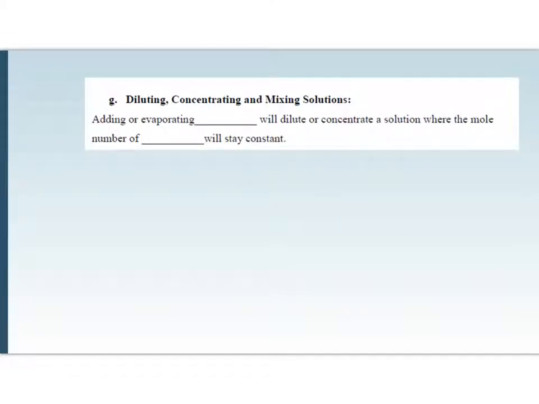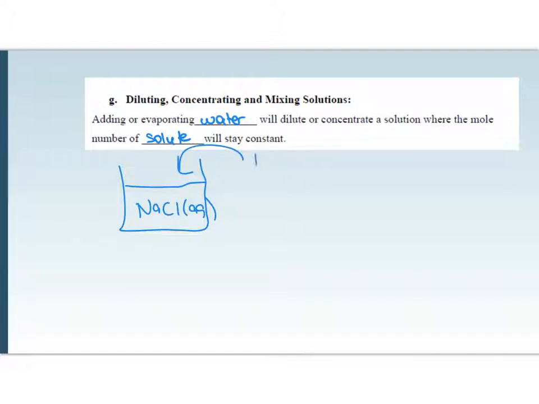So, diluting, concentrating and mixing solutions. Adding or evaporating water will dilute or concentrate a solution, where the mole number of the solute will stay constant. For example, you have a solution like this, and let's say that this is sodium chloride, and you add some water into it, and it becomes like this.